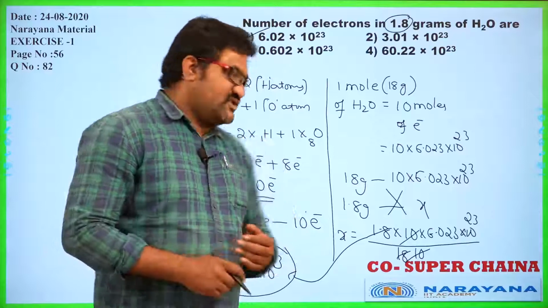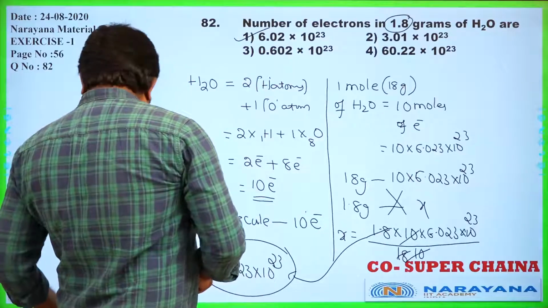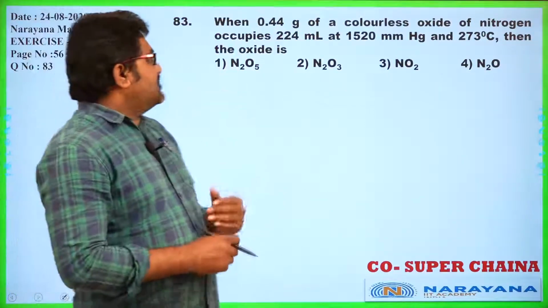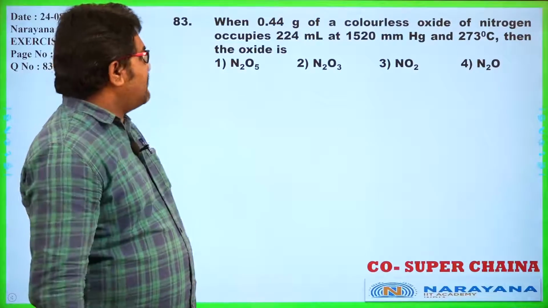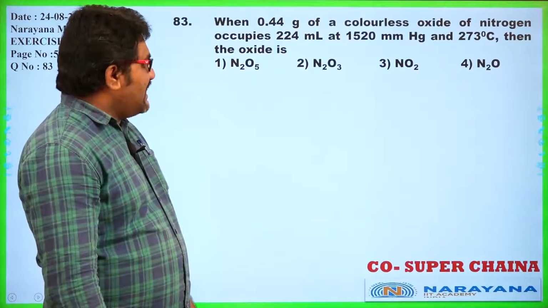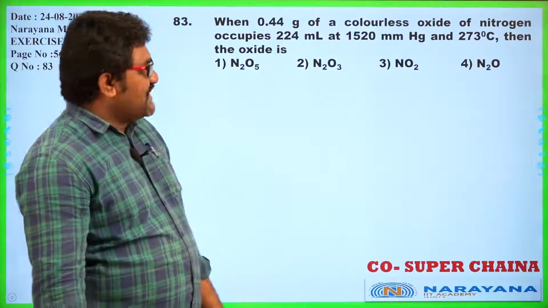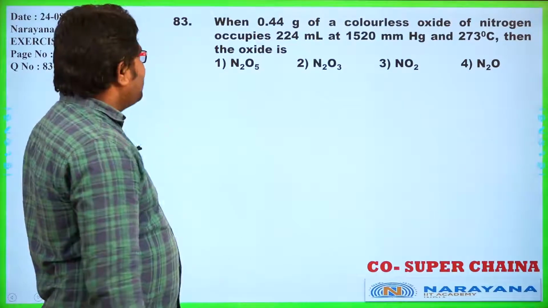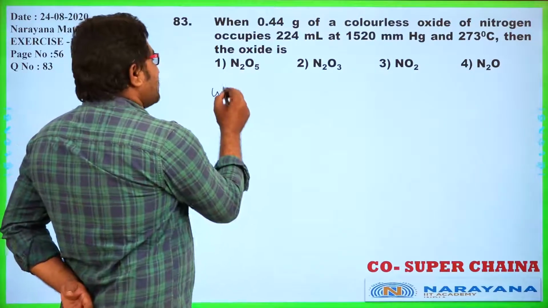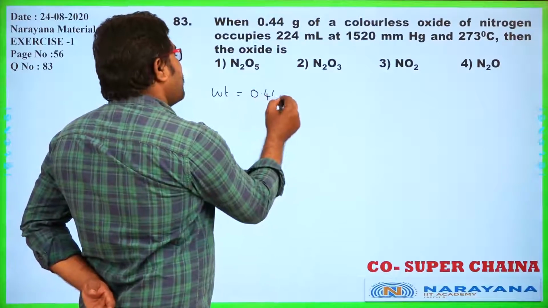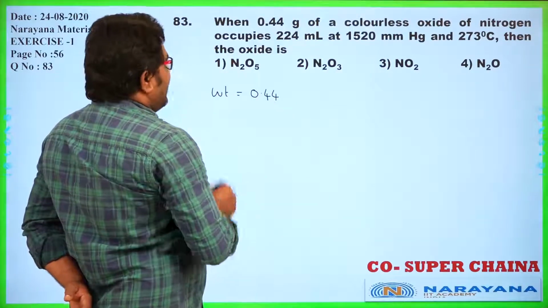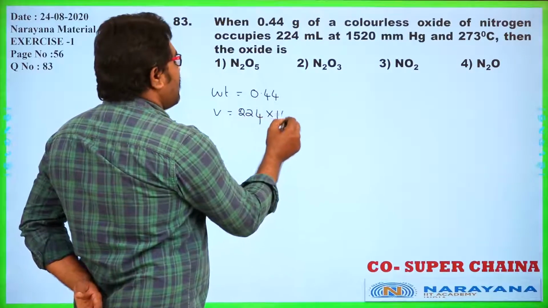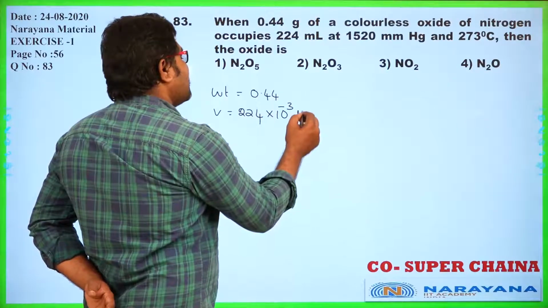Let us go for the next question. When 0.44 grams of a colorless oxide of nitrogen occupies 224 ml at 1520 mmHg and 273 degrees centigrade, then the oxide is. So we need to note the parameters he has given. Weight of the substance is 0.44 grams, and the volume is 224 ml or 224 into 10 power minus 3 liters.